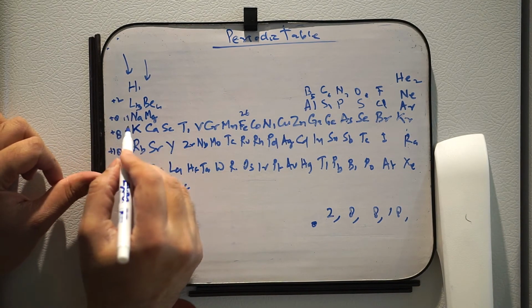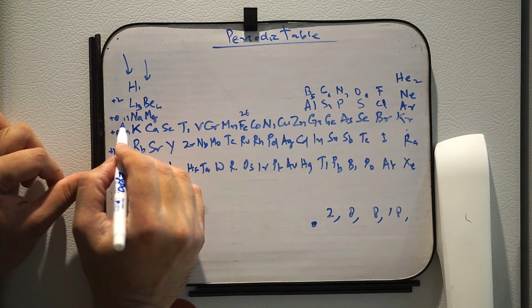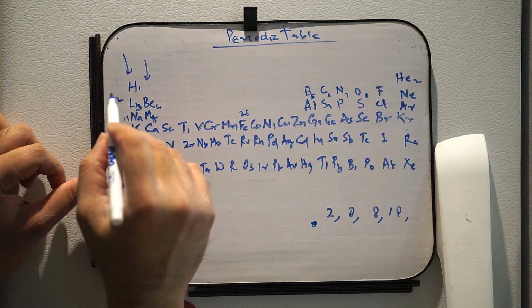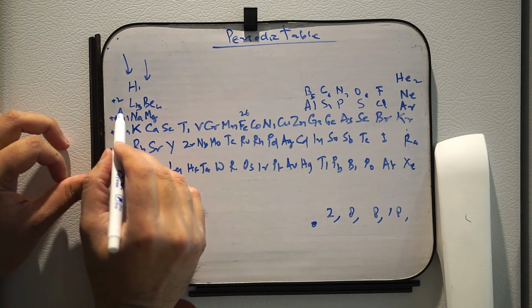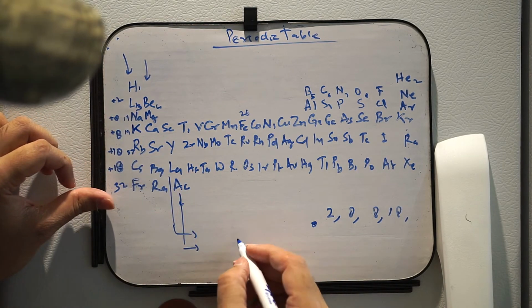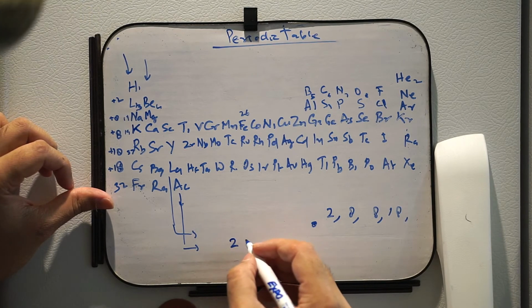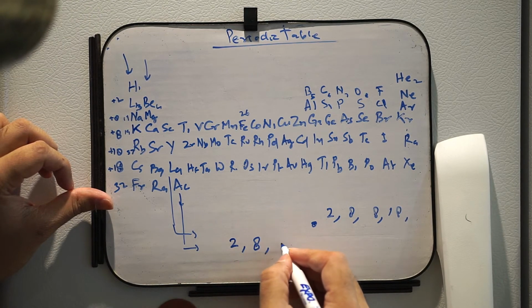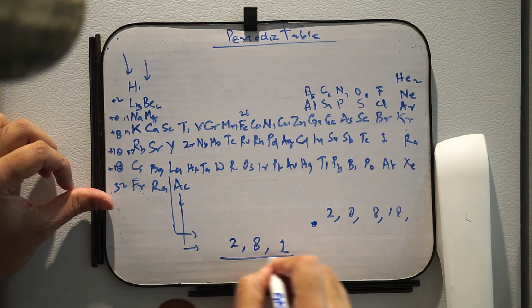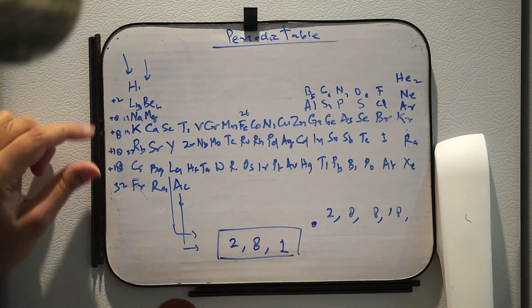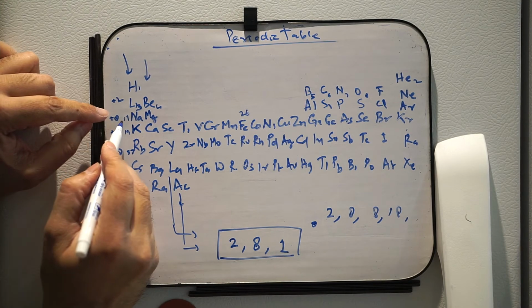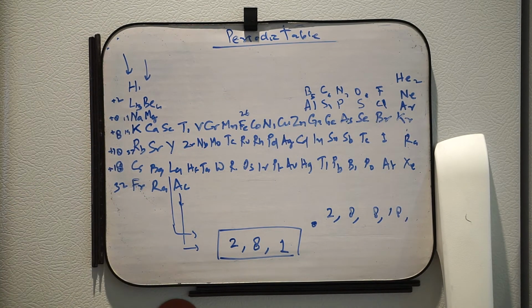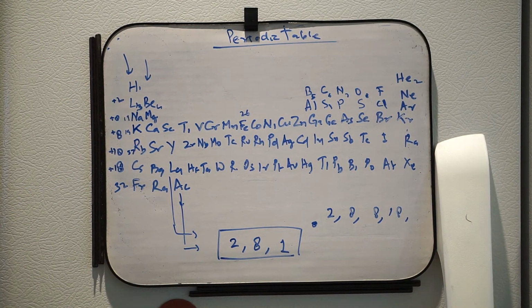Let's take a look at sodium. Sodium has atomic number 11, and it's going to be like this: 2, 8, and the last shell is going to have 1. That tells you right there 2, 8 is filled, and then 1. So a pattern emerges that we already discussed.